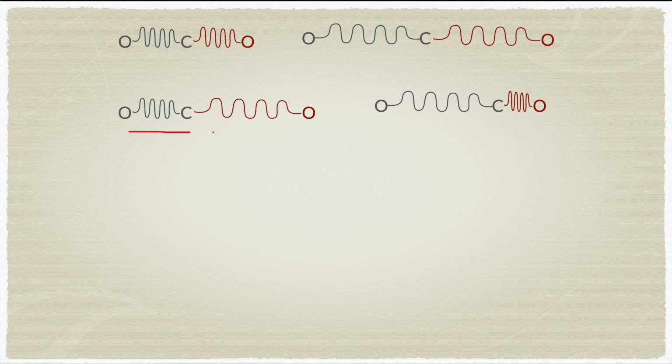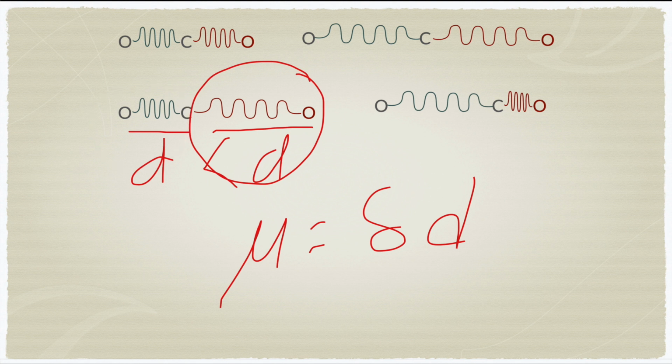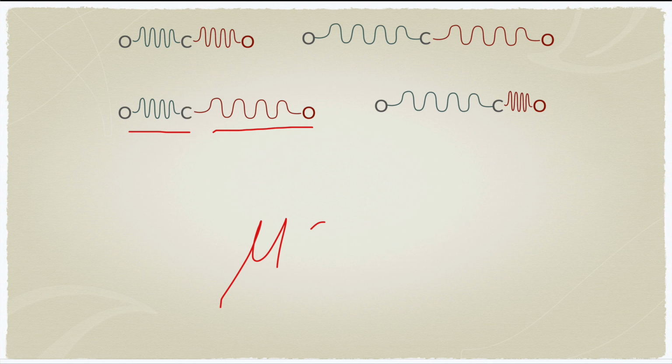But here one is shorter, one is longer. So again by that calculation, mu equals delta d, here the d value is greater than the d value of this side. Therefore this dipole moment will be higher in magnitude than this one, and the end result is there is a change in the dipole moment. So either it stretches on this side or on this side, there will be a change in the dipole moment. This is known as asymmetric stretching, and because of that this will be IR active.